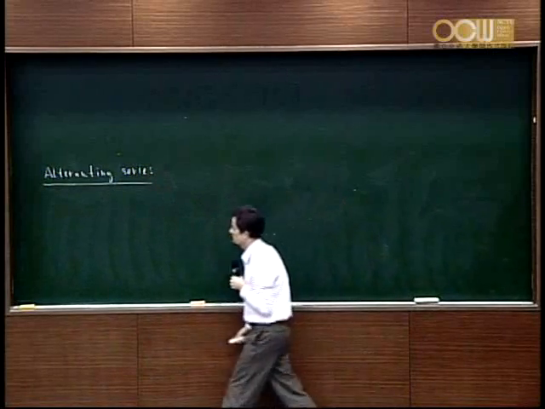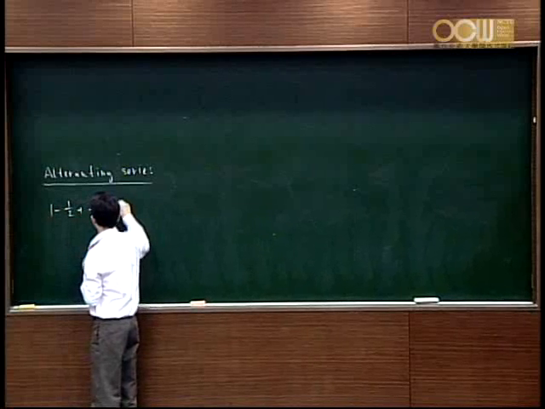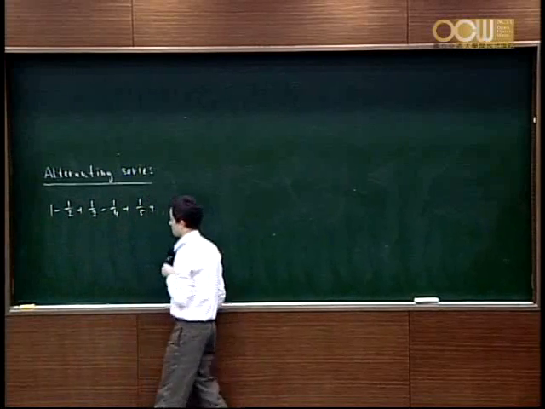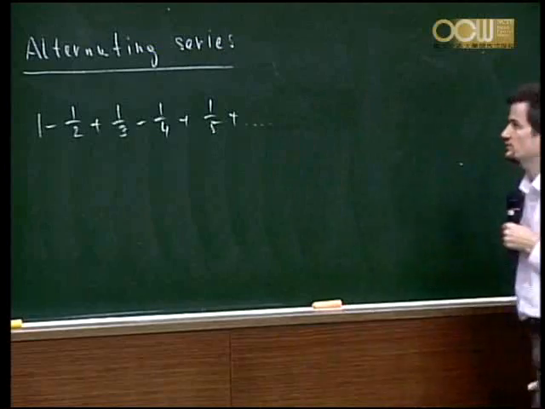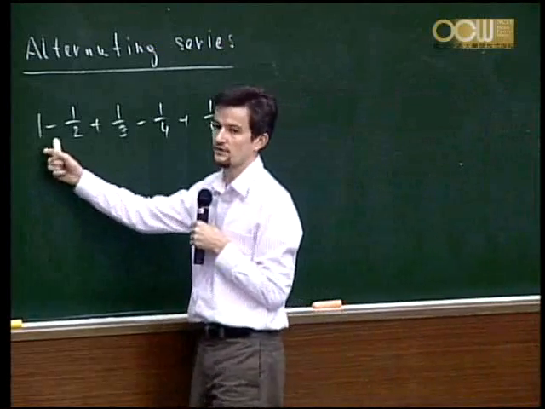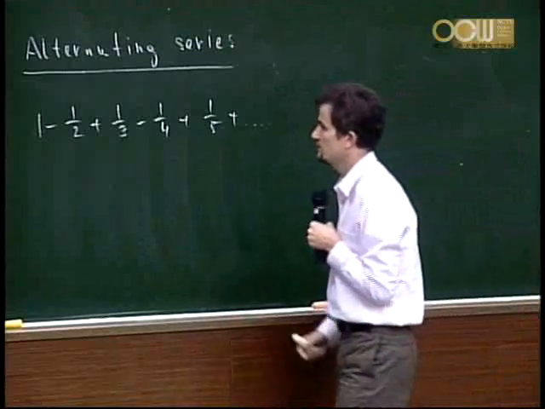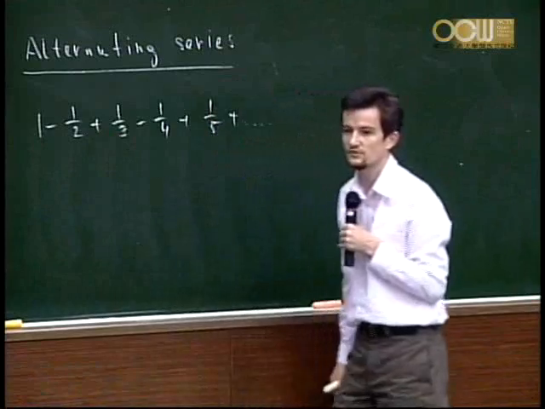Now, what is an alternating series? The most famous example is this one. You see that an alternating series is a series where the terms alternate between being positive and negative. So either the first term starts positive, then the second negative, then positive, or the other way around.